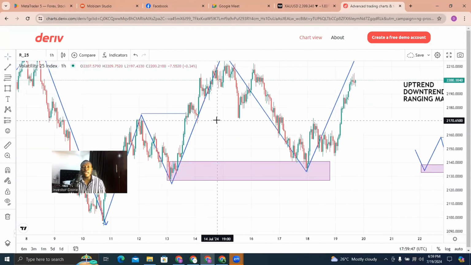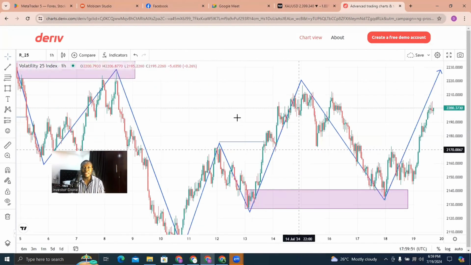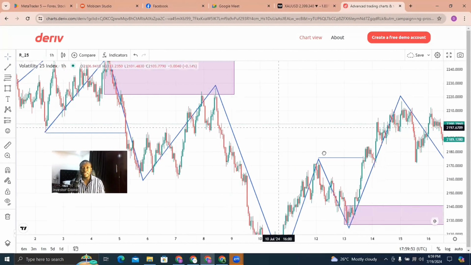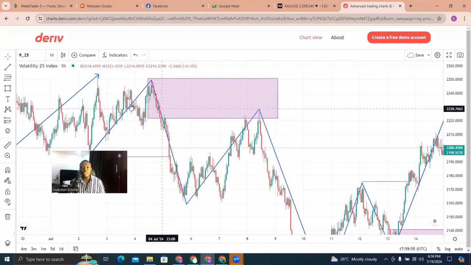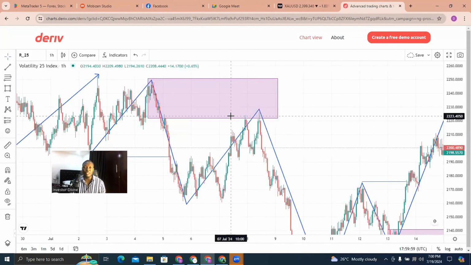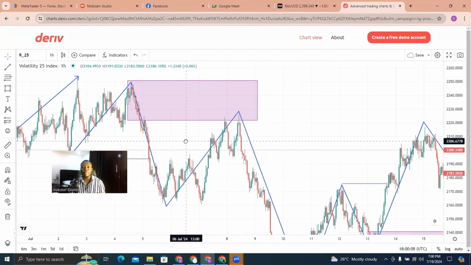Now, you don't just enter from your supply zone. Even if you are expecting a sell like this, you don't just enter from this supply zone because it might be too big. So you can refine your zone to a particular place, a particular point where the market is meant to reverse.